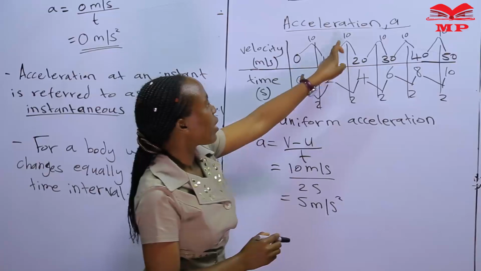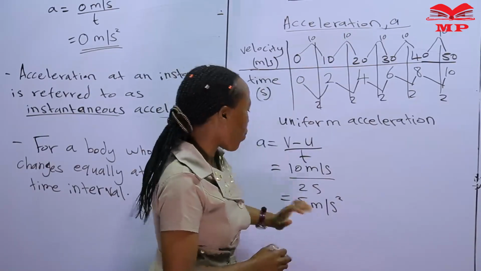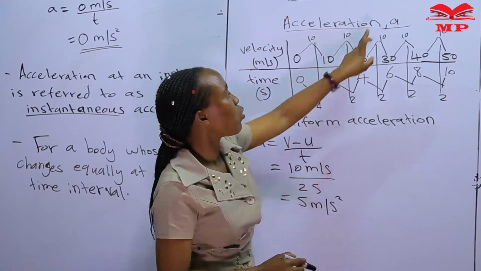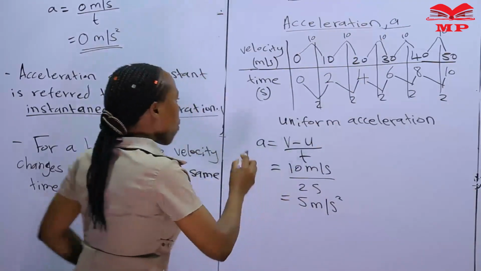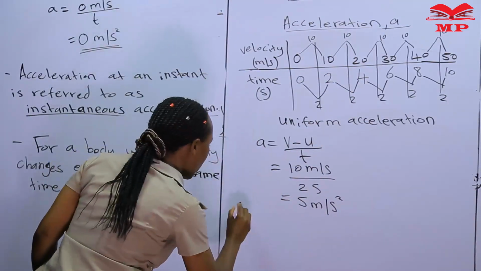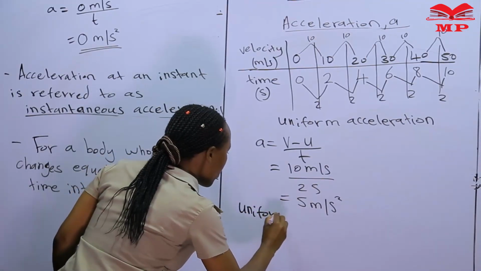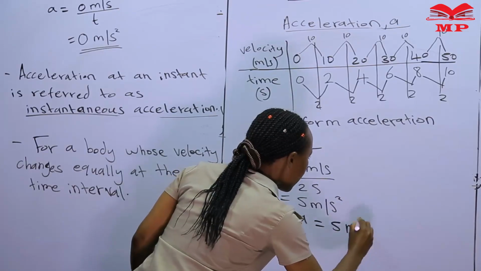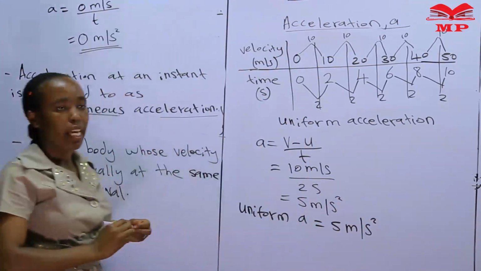If you calculate on any other interval, it will still be the same, because at every point we have 10 divided by 2. So this uniform acceleration is equal to 5 meters per square second.